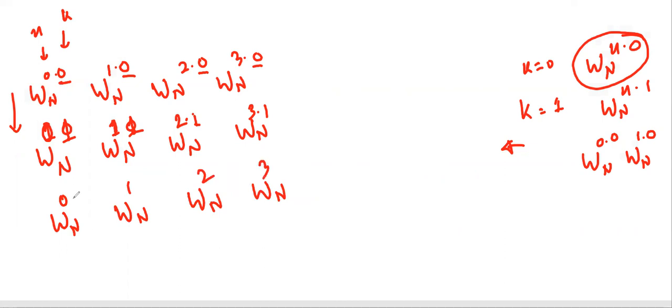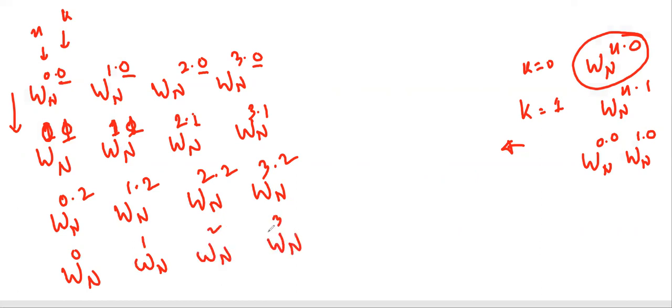This is for n, and for k, this is 2. This is 2, this is 2, and this is 2. And the last value is 0, n1, Wn is 2, and Wn is 3. And what about k? This is 3, this is 3, this is 3, and this is 3.